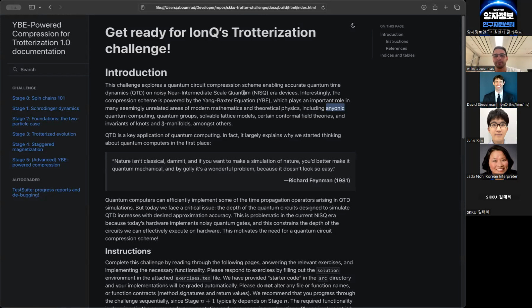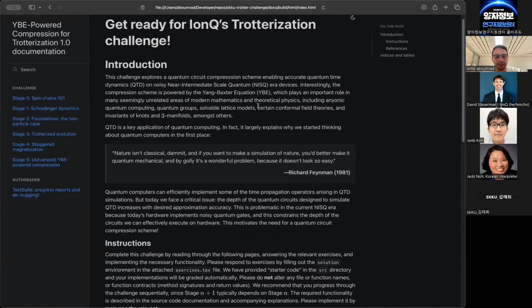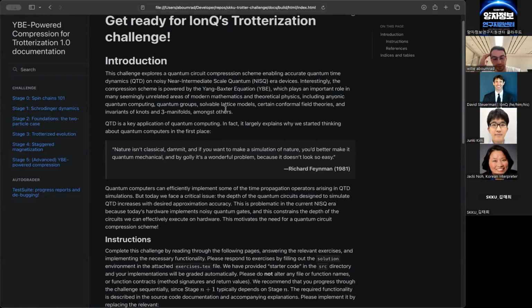The Yang-Baxter equation features prominently in describing that kind of physics. It also comes up in things known as quantum groups and solvable lattice models. Anyways, I don't want to keep going in that direction, but it's quite a neat mathematical tool. I'll just say that. As you saw later on, it's also connected to things like the braid group, from which come things like knot invariants and other very interesting features. So, anyways, this problem is quite nice.